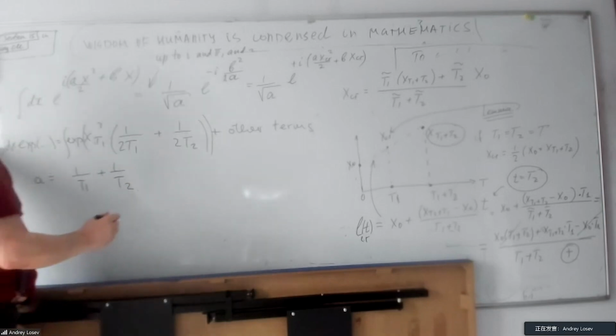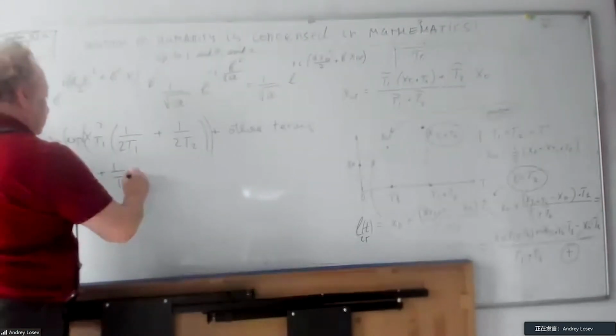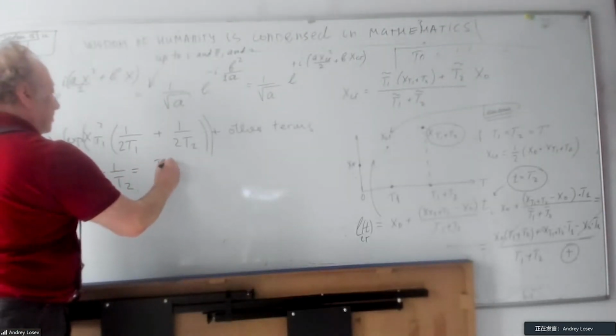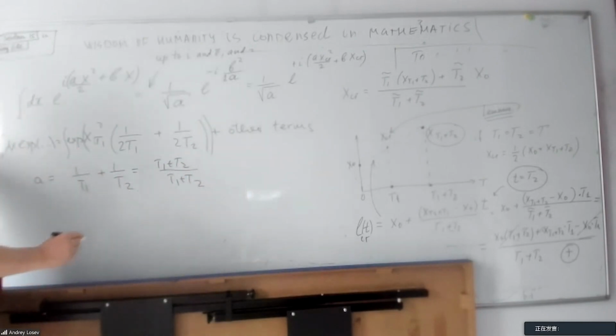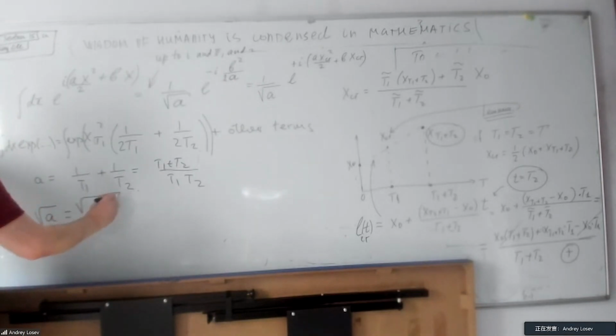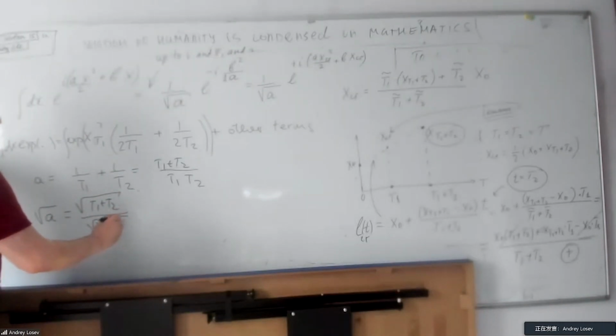Good. So this is t1 plus t2 over t1 times t2. Now, square root of A is square root of t1 plus t2 over square root of t1 times square root of t2.